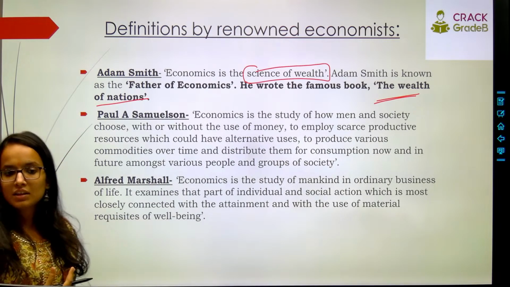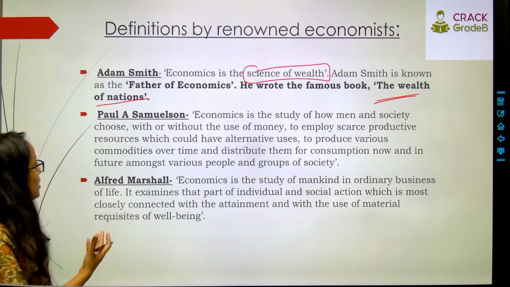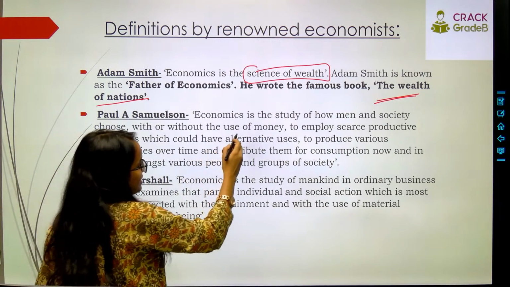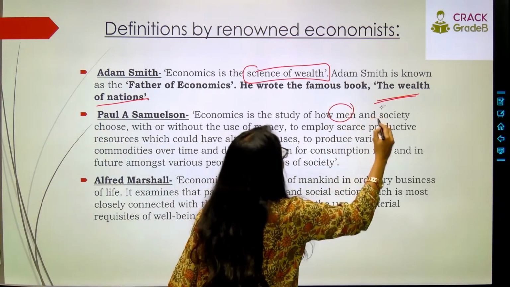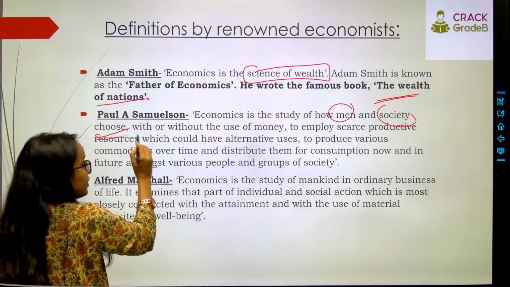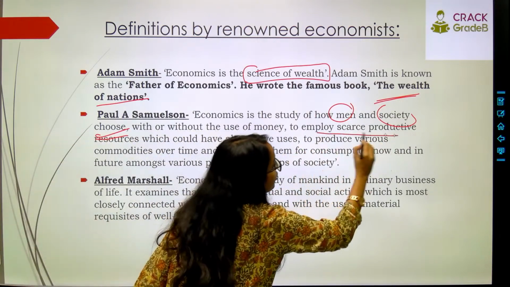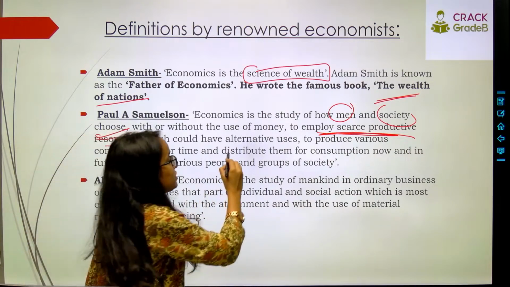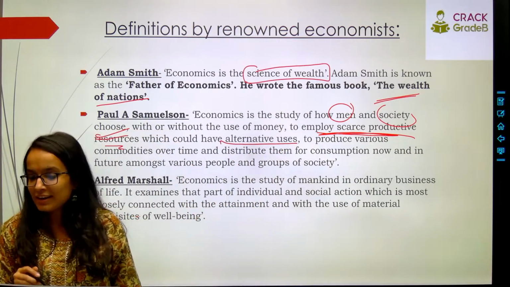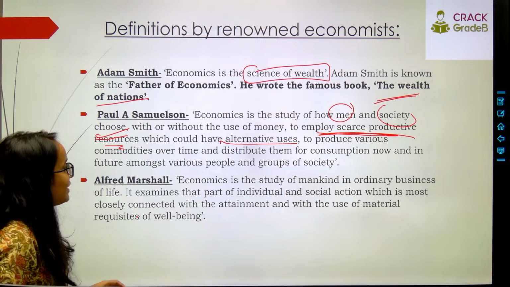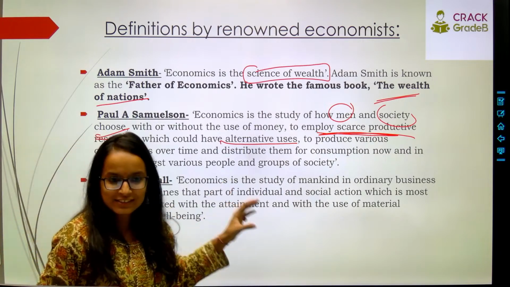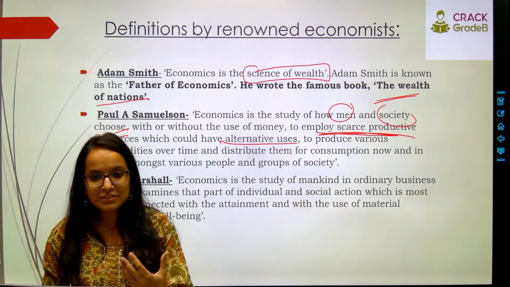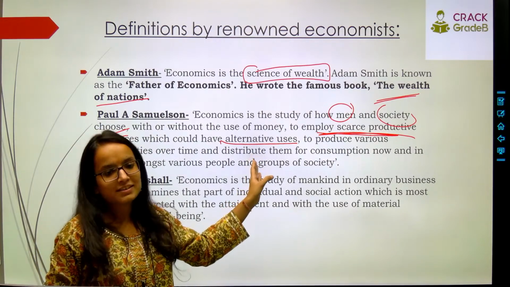Then we have another famous American economist, Paul A. Samuelson. According to Paul Samuelson, economics is the study of how men and society choose, with or without the use of money, to employ scarce productive resources which could have alternative uses. Now, as I said to you earlier, every answer related to what economics is, what economics does, what economics deals with, lies in this one word, scarcity, right?